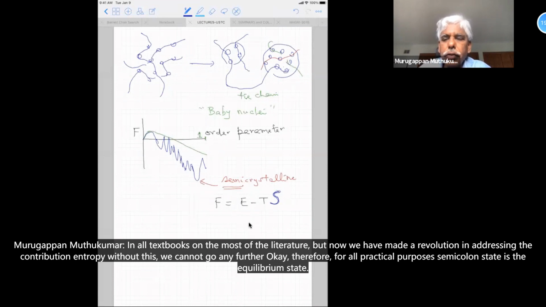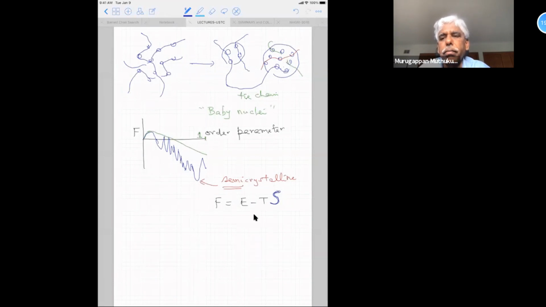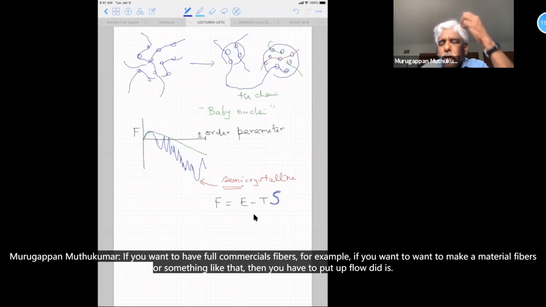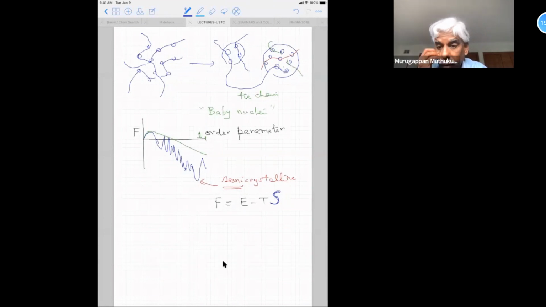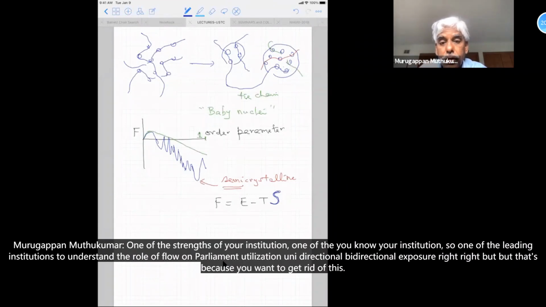Without this, we cannot go any further. Okay. Therefore, for all practical purposes, the semi-crystalline state is the equilibrium state. If you want to have full crystals, fibers for example, if you want to make a material with fibers or something like that, then you have to put in flow. Now, this is one of the strengths of your institution.